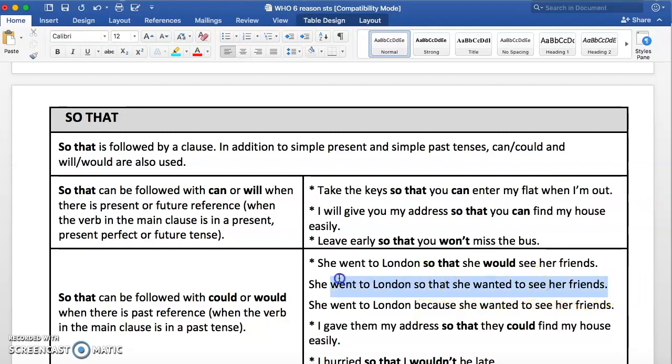When you say the sentence like this, it sounds like wanting to see her friends is her purpose. But no, she wants to see her friends, and her purpose is to see her friends, not wanting to see her friends. So therefore, it's not very possible to see a want verb after so that. So please be careful about this.